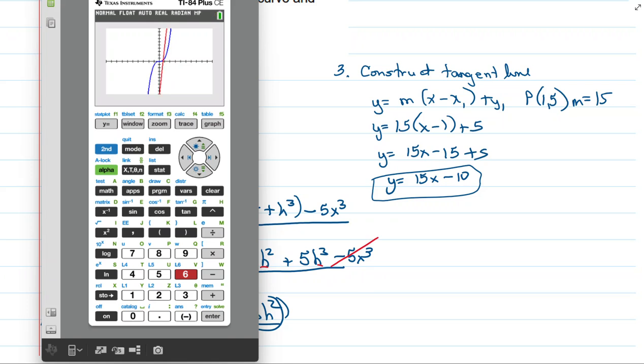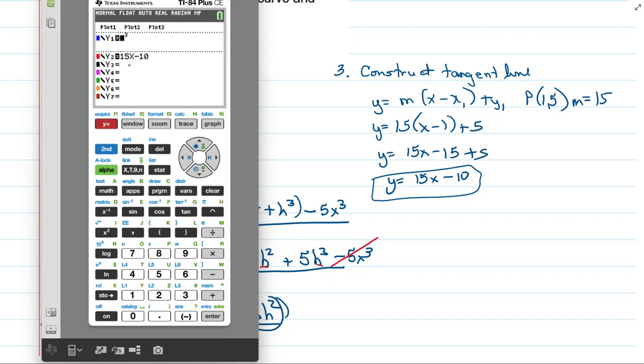I don't need to. All right, so our tangent line is at the point, and I have (1, 10), and it's not on there. So I did bad math, didn't I? Let me see what I wrote. 15x minus 10, x cubed was x cubed.